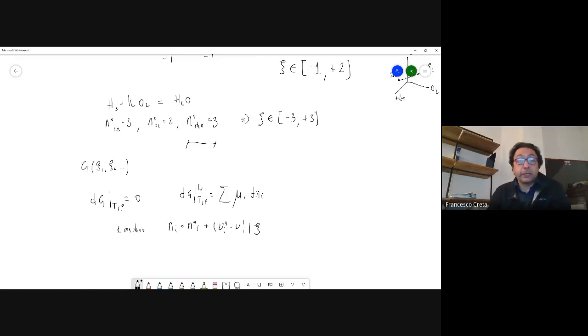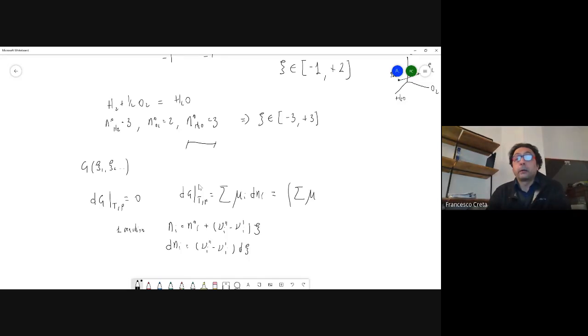So I can really express any differential change in the composition of species I as essentially this, right? Times d psi.